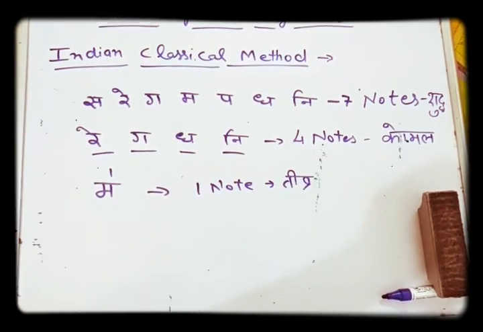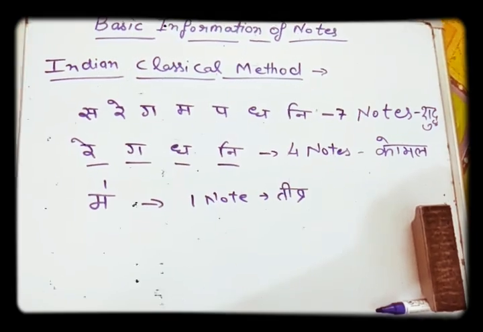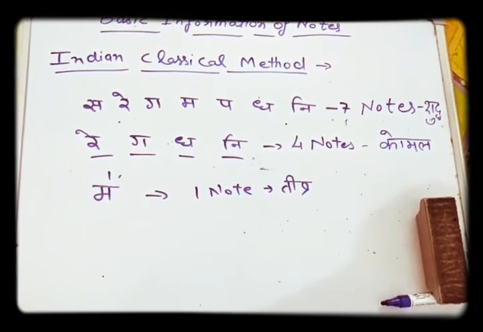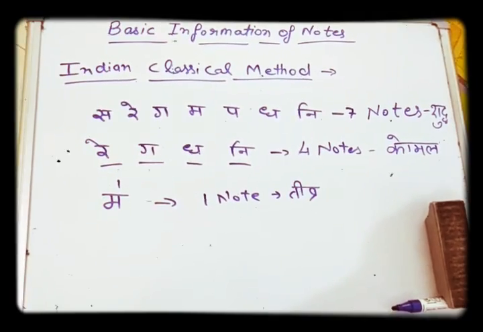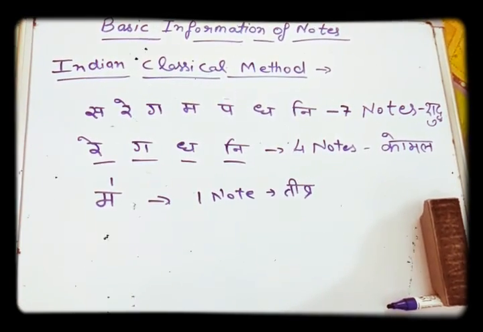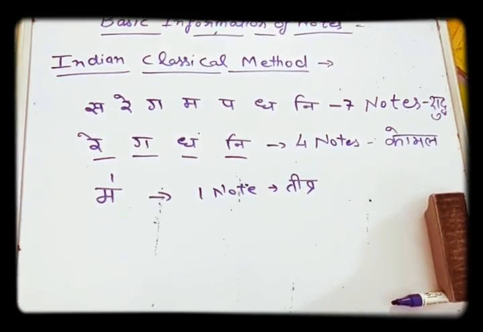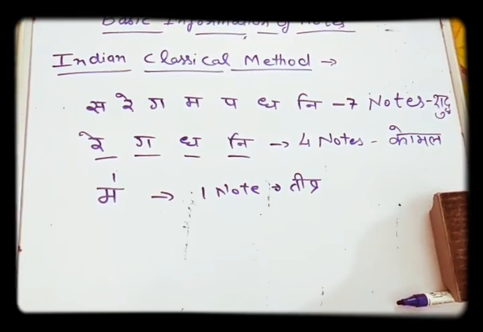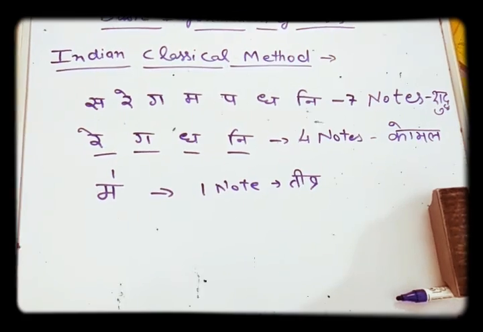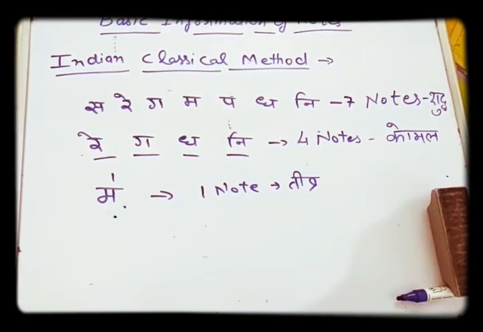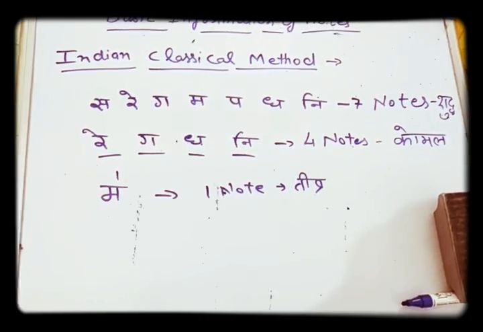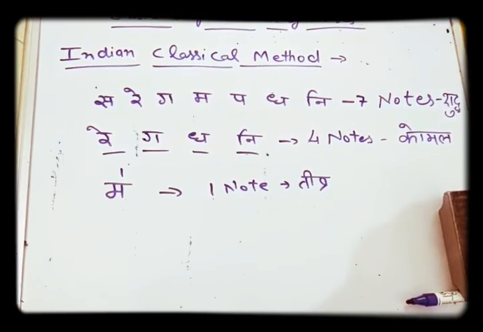All right, so as you can see, at this moment we are looking at the Indian classical method. In this we have 7 notes that are also called the Shuddha notes or the natural notes: Sa, Re, Ga, Ma, Pa, Dha, Ni. Then the next 4 notes are Komal notes, or we can say the flat notes: Re, Ga, Dha, Ni.